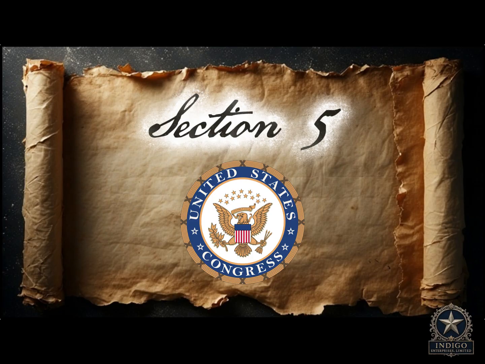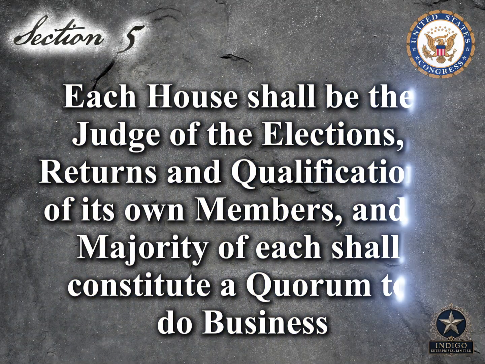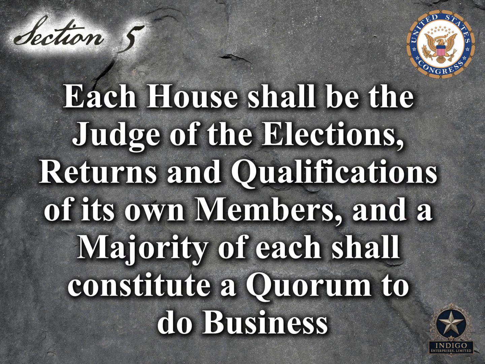Section 5, Rules, Discipline, and the Journal. Each house shall be the judge of the elections, returns, and qualifications of its own members, and a majority of each shall constitute a quorum to do business.